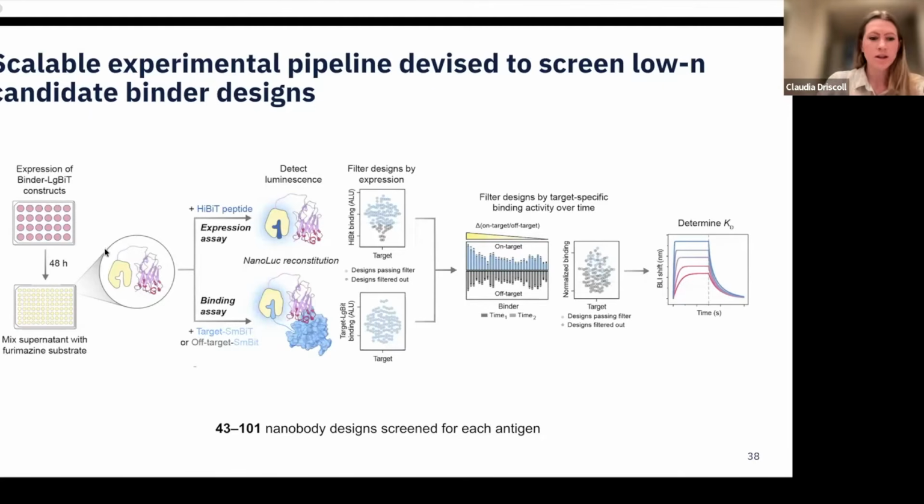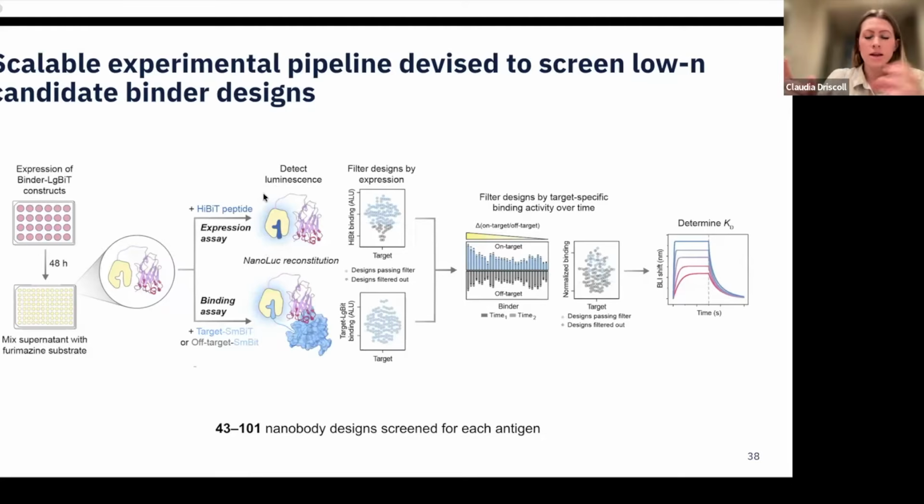Very straightforward. We transiently express all of our binders fused to the large protein component, large bit. We take supernatant directly from cell media 2 days after expression, and then combine it with, looking at the top pathway now, a version of the high bit peptide, which binds with very, very high affinity to the large bit component.